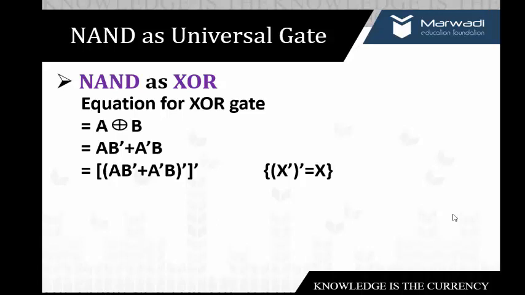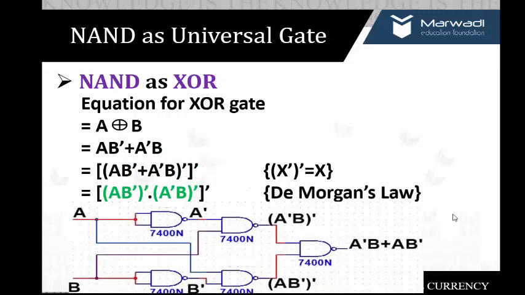On application of the same phenomenon, we are going to apply the complement twice onto the equation of A XOR B. Now, on application of De Morgan's law, we are going to get the equation that has been shown here, and now we will be running the same equation in Multisim.